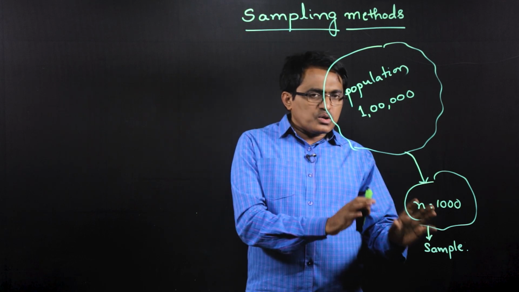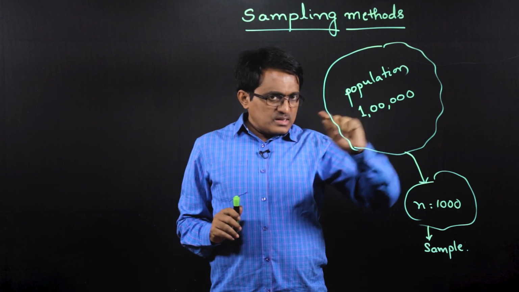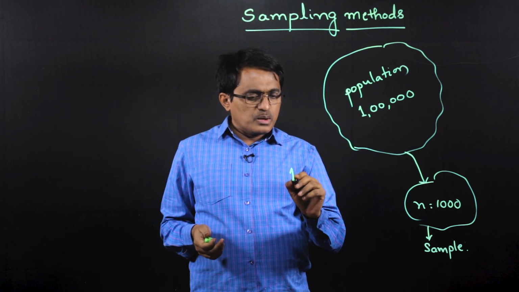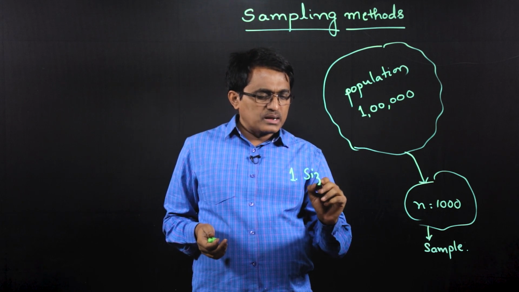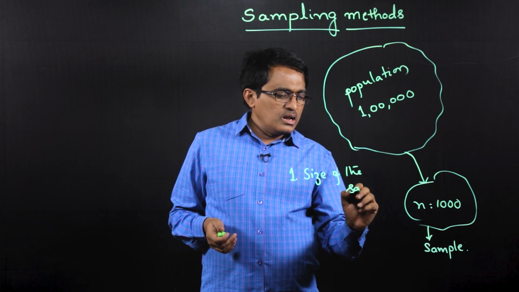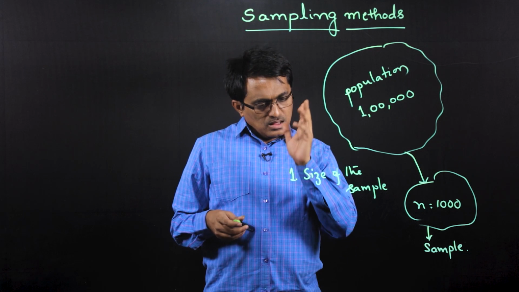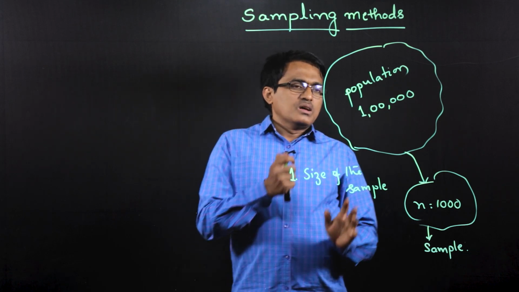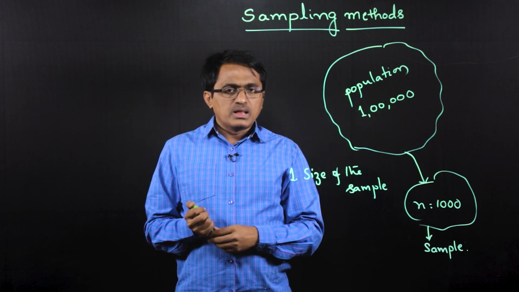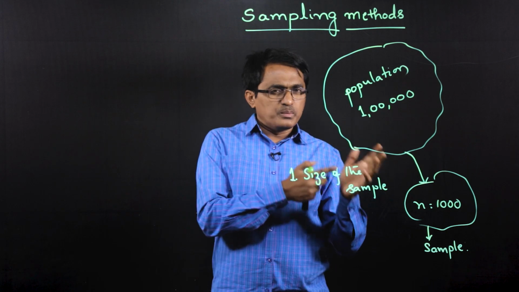And while doing so, what are the important things we have to consider? The first and important point to remember is the size of the sample. That matters most of the time. Suppose the population under consideration is 1 crore, then selecting a sample of 1000 doesn't make any sense.